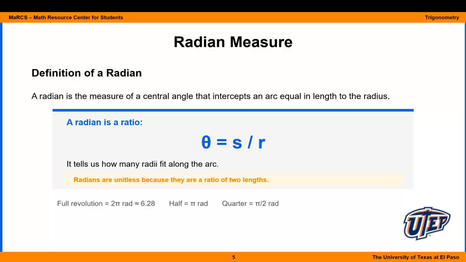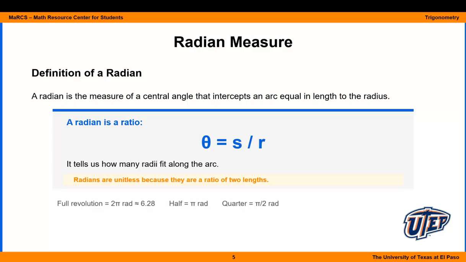Here's a way to make radians more intuitive. Think of the radius as a measuring stick. Imagine placing that radius along the edge of the circle and measuring the curved arc. If the arc length equals exactly 1 radius, the angle formed is 1 radian. Now imagine sliding that radius along the edge of the circle and marking off radius-length arcs.